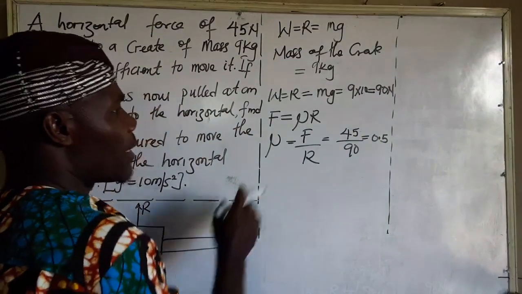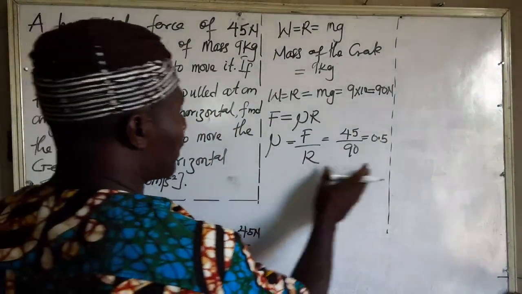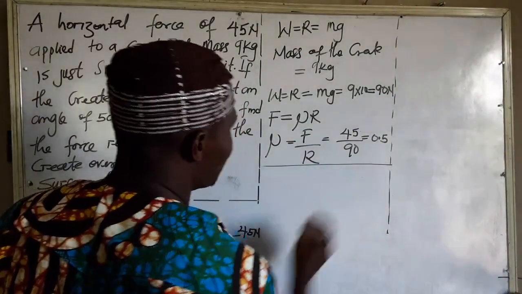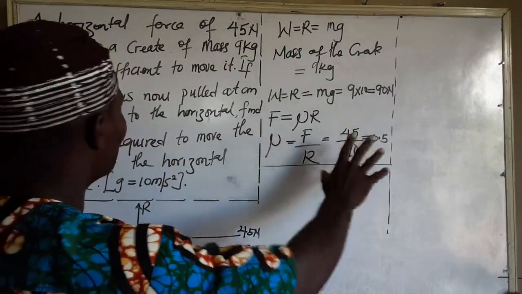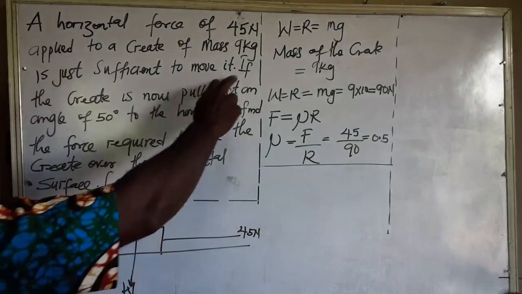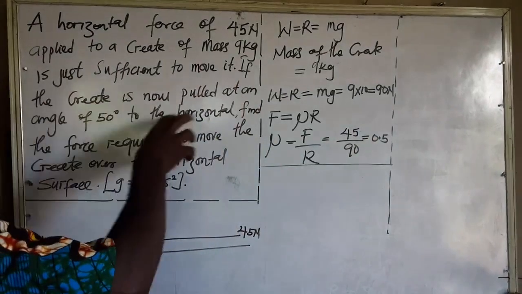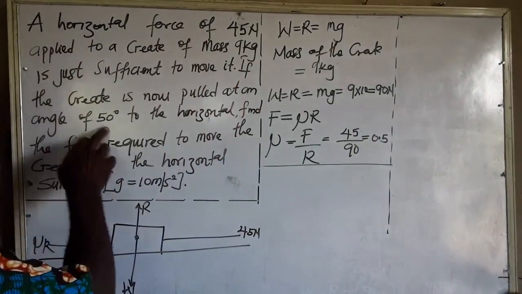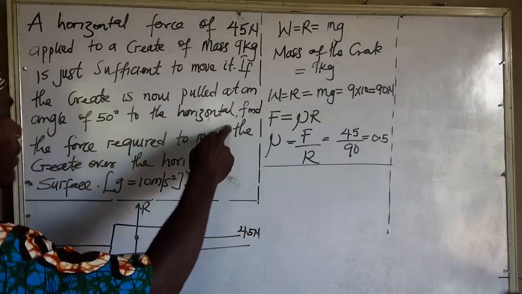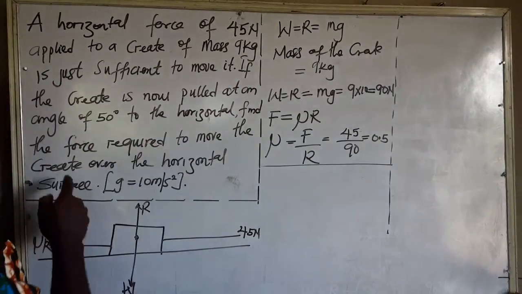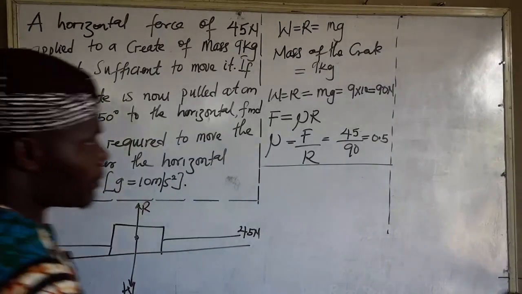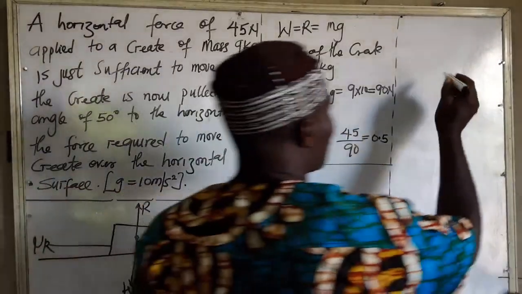We continue. We have used the first interpretation to get our value of the coefficient of friction. We now continue: if the crate is now pulled at an angle of 50 degrees to the horizontal, find the force required to move the crate over the horizontal. So let's have another drawing of the crate.